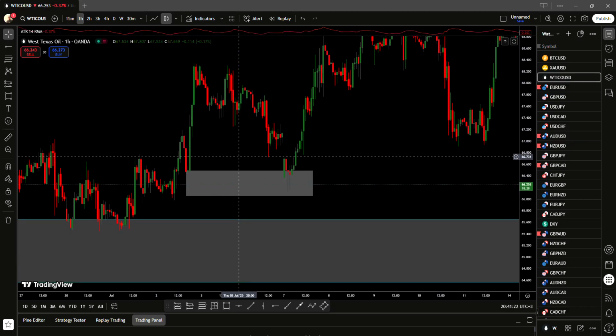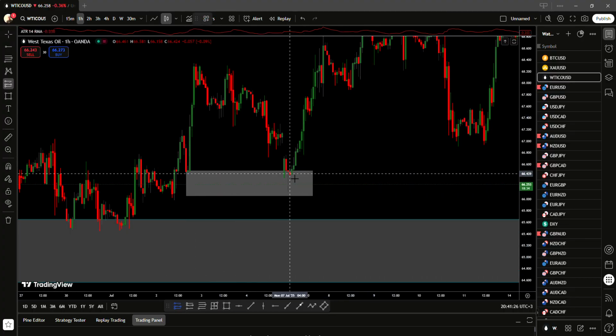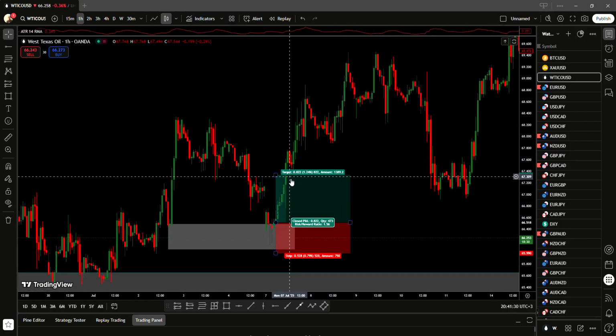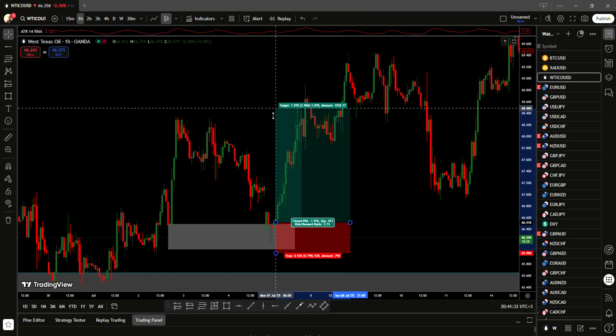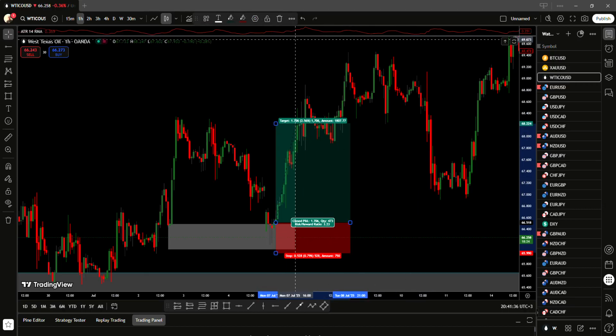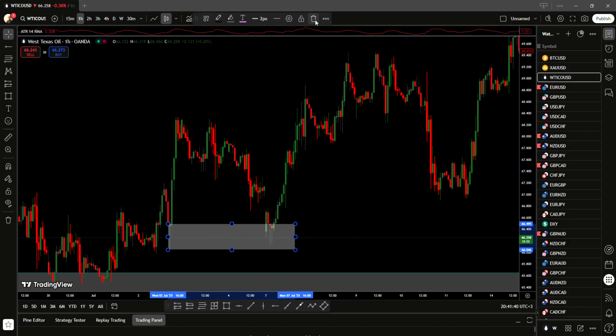Look at the move. 1, 2, 3, leaving a demand zone behind. So we enter from here and target the previous high, which is here, 1:3. If you had held on for longer, it would go even further than that. So that is US oil.